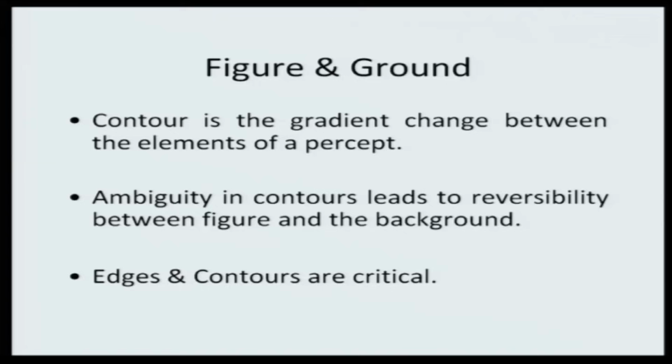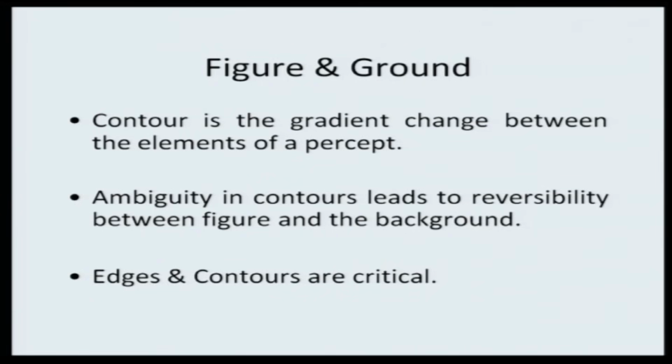Now that we have understood that the intensity of the signal and the criteria that we set both have a role to play, and the fact that all images, all figures have to be extracted out of the ground, what is important, once again coming to this concept, is that you have to draw a line of difference, the contours. Basically, contours are nothing but changes in the gradient between the elements of a percept.